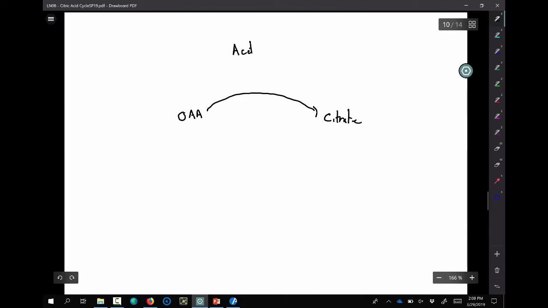And acetyl-CoA is going to be feeding into that process. Okay? Nothing new there. The enzyme there is citrate synthase that does this. The first step, and also an irreversible step in this pathway.